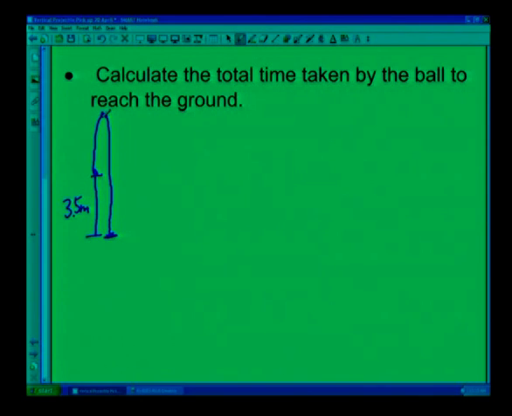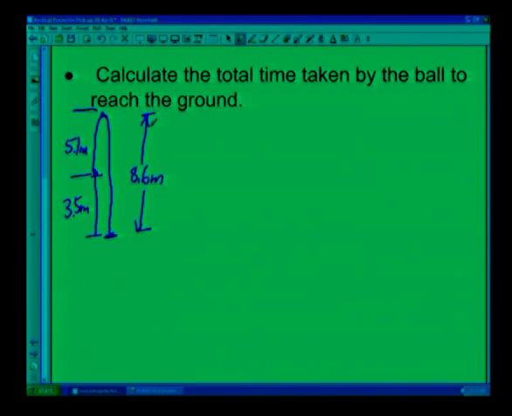Now, this height here is found to be 5.1 meters. So in total, this height here is 8.6 meters. Okay, so that is what we have here.